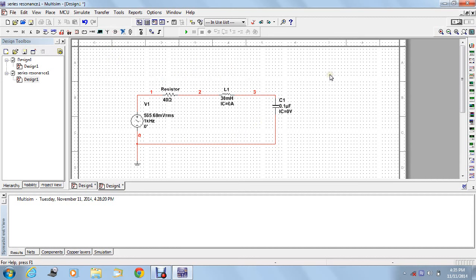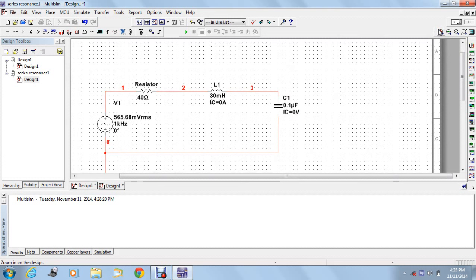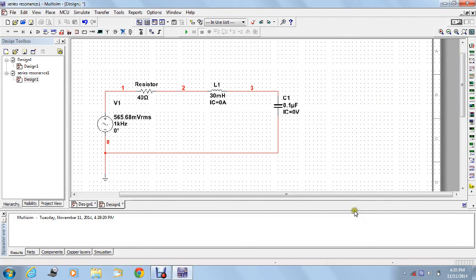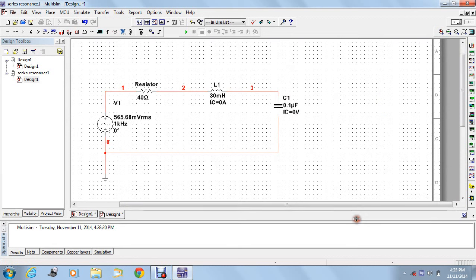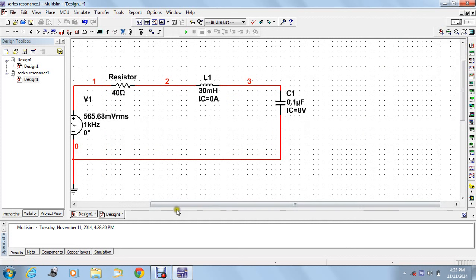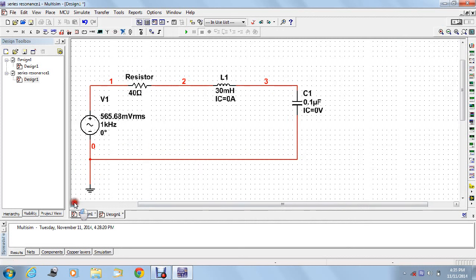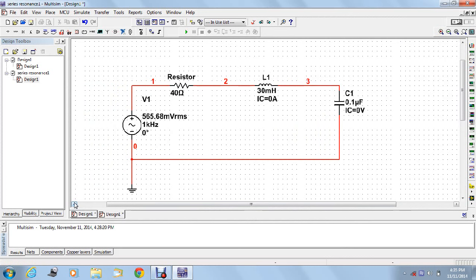For simulation, I am going to zoom this circuit, maximize the area, so that the circuit is visible for you. So this is our circuit.